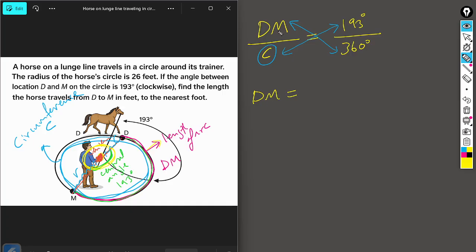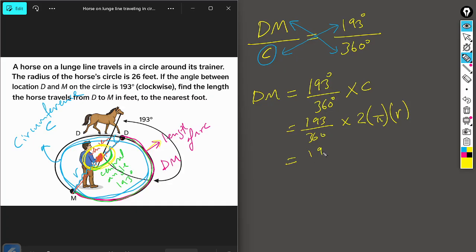So DM will equal 193 degrees divided by 360 degrees times circumference, and this will equal 193 over 360 times the circumference, which is 2 times pi times the radius.